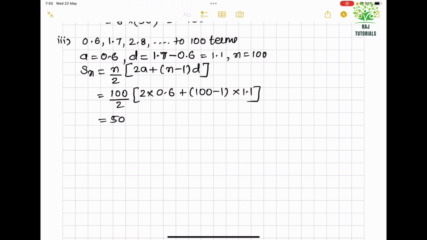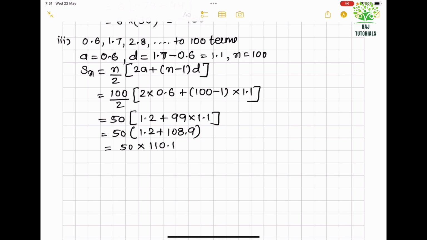So 50 into (1.2 plus 99 into 1.1). So that will come to 50 into (1.2 plus 108.9). So 50 into 110.1. So that will be equal to 5505.